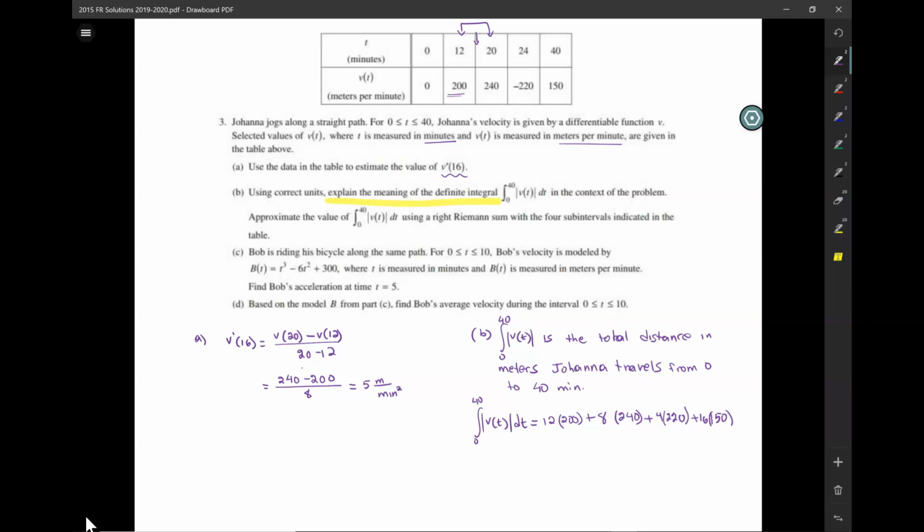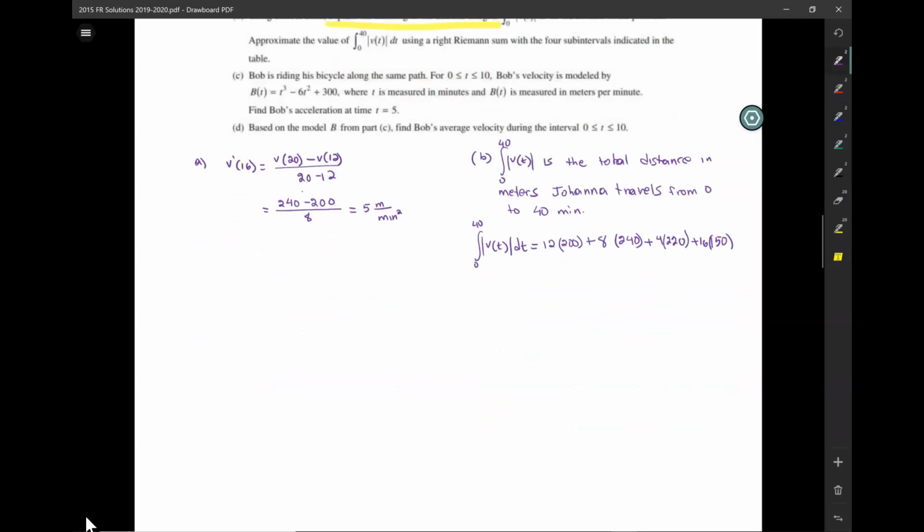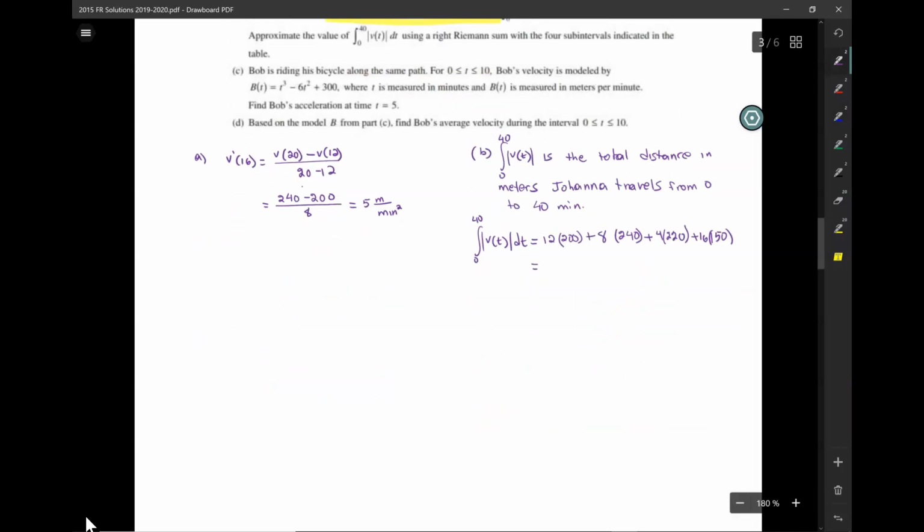You could also do this, but it's not necessary as long as you switched the sign. And then this one, you have to do some quick math here.